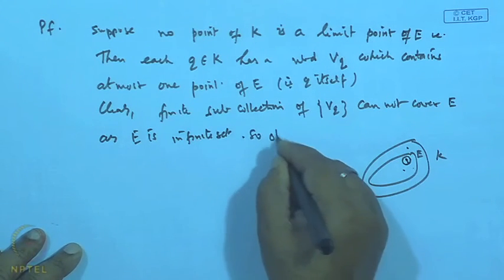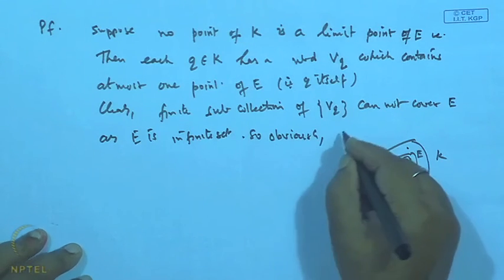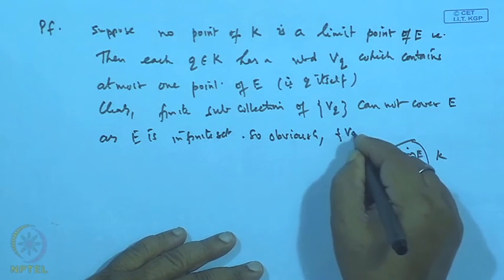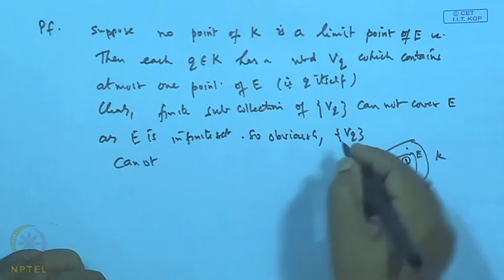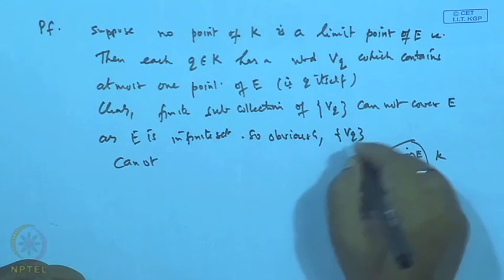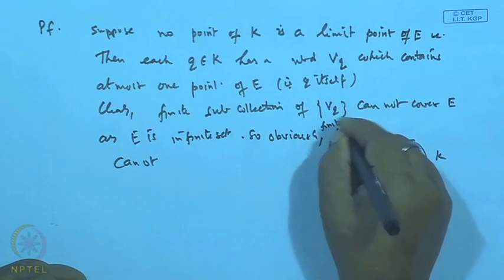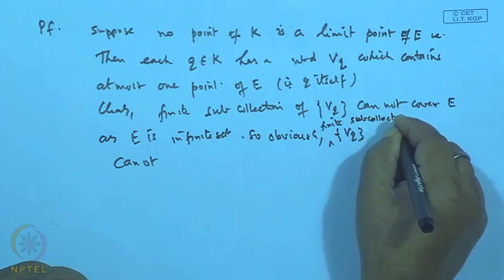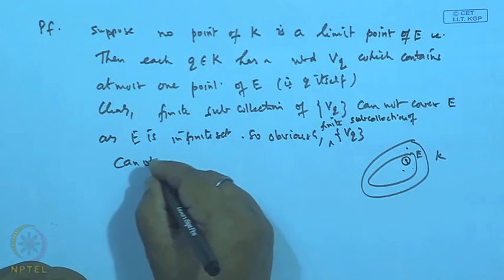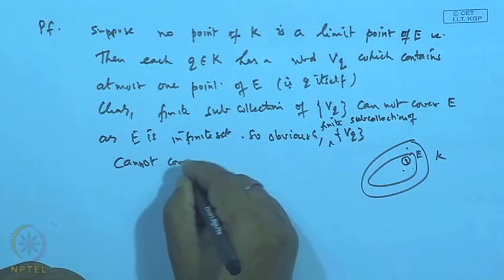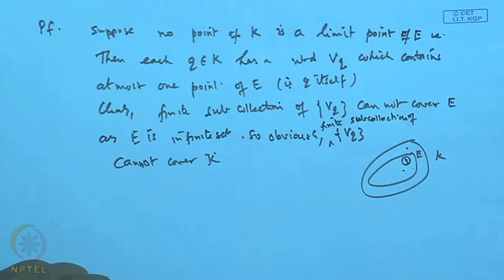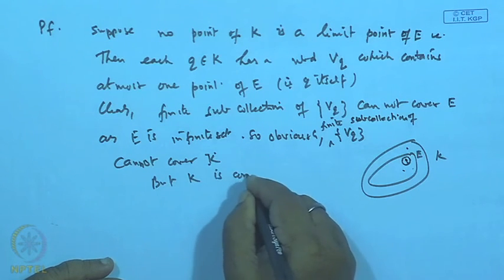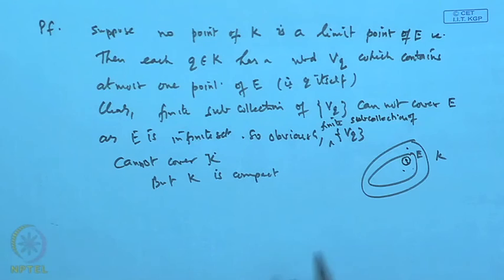Obviously, this neighborhood cannot cover K with a finite subcollection of these V Q. But K is compact, so every open cover must have a finite subcover.